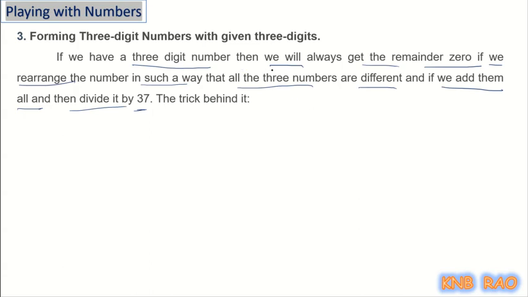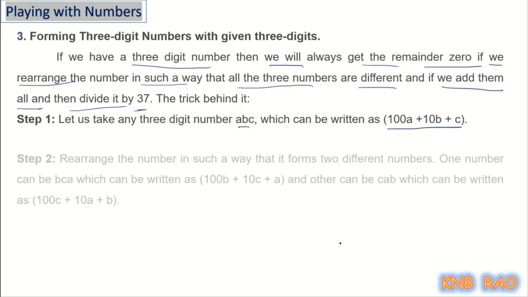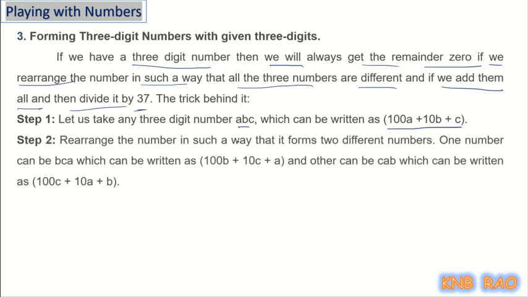Take a 3 digit number. Here we are considering it as ABC, and its generalized form is 100A plus 10B plus C. We rearrange the digits in such a way that it forms 2 different numbers.